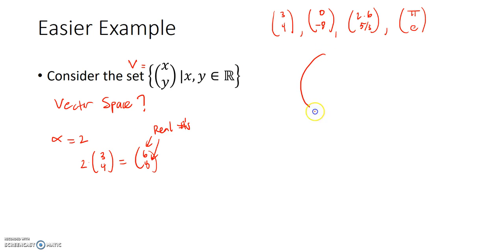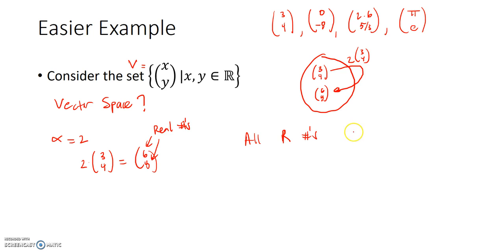Basically, if we drew this out and we started off with this vector (3, 4) and we scalar multiplied it by 2 times (3, 4), then we would still end up with a vector that's inside of the set, (6, 8). Does this work for any other alpha? More specifically, this has to work for all alpha, all real numbers alpha.